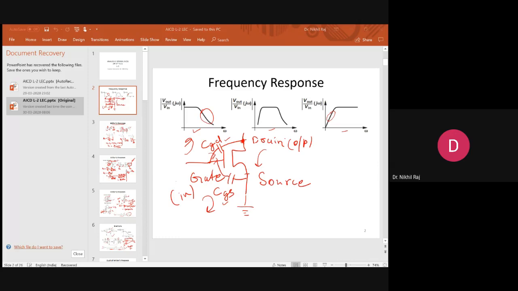Wait. As in the frequency response characteristic, you can see the CGD part. This CGD part is dominating. Wait a minute. Whether my slides are moving? Okay.